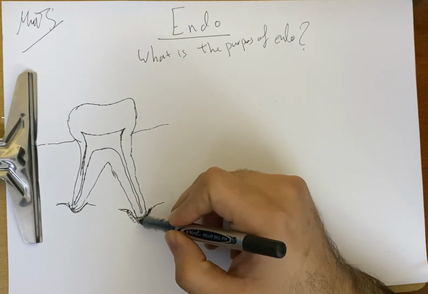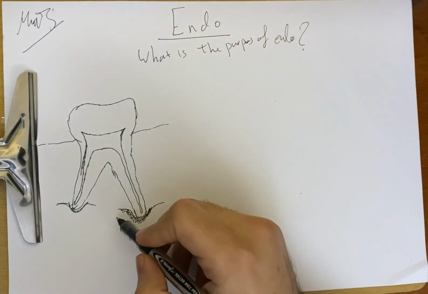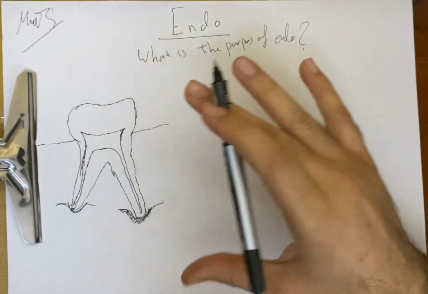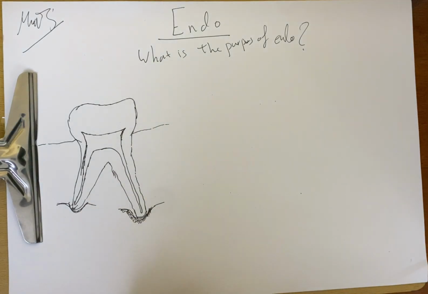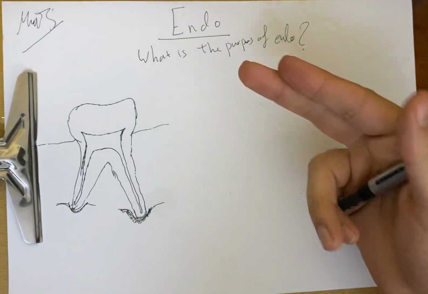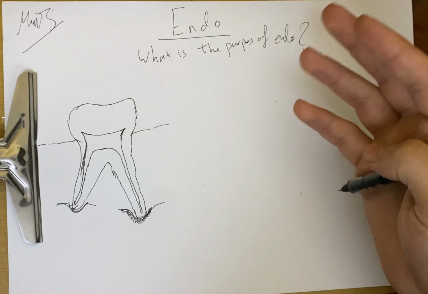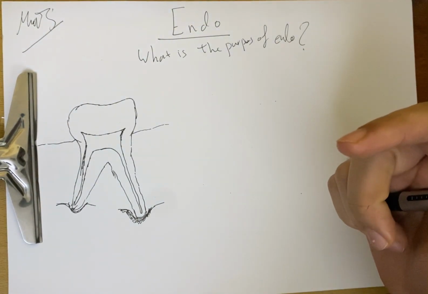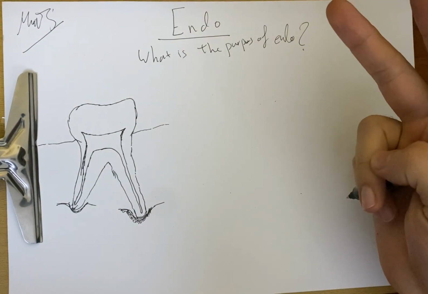We want to save this area from inflammation, and we want to save the bone from resorption, and we want to keep it a very nice and very bacteria-free environment in this area. By doing that, we get to keep the tooth inside the oral cavity with most of its functions intact. So these are actually the two purposes of endo.